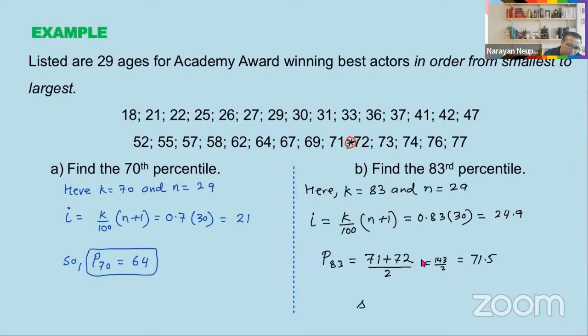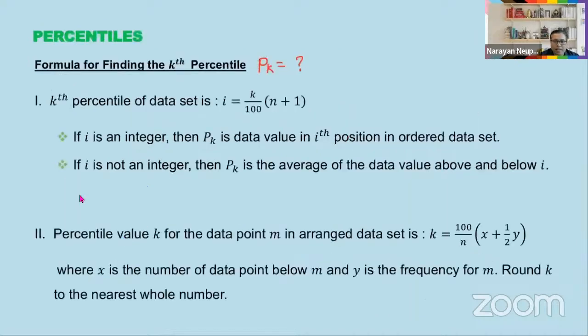So the 83rd percentile is 71.5. That is how we can find the percentile if the position i is a decimal. If the position is a decimal, you find the average of the number below and above that.